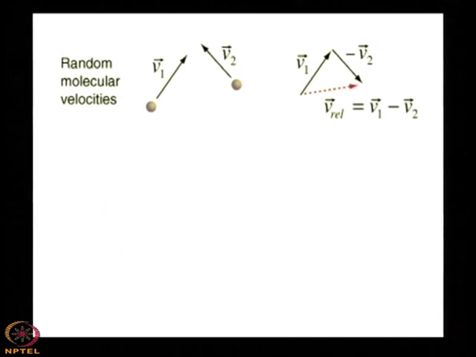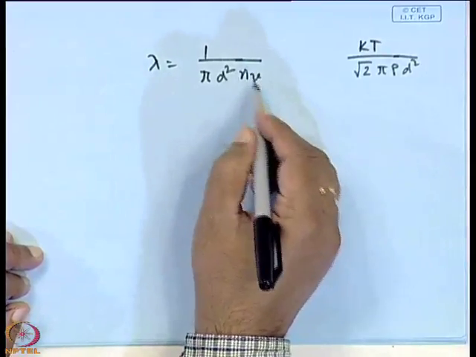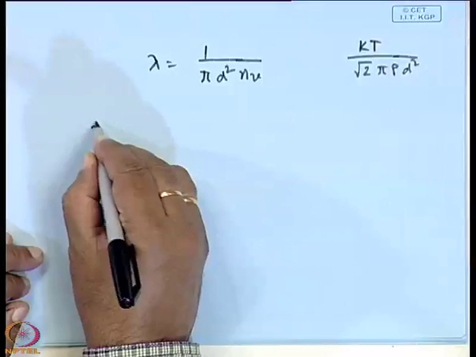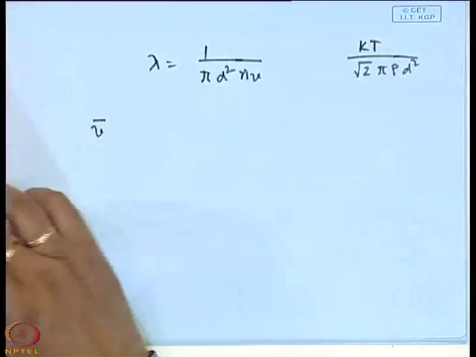Here you see that the mean free path is related to the molecular movement. Now, what is this v bar? Basically you must take the relative velocity of the molecules. Why? Because no molecule is in stationary state, all the molecules are moving.